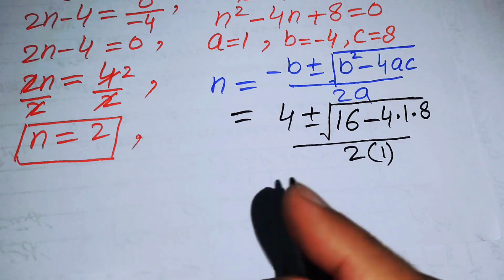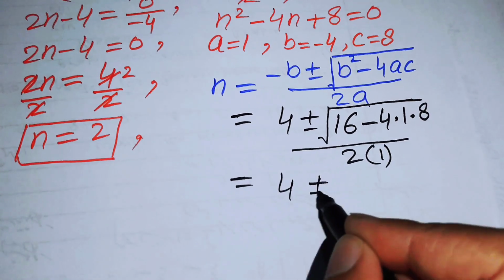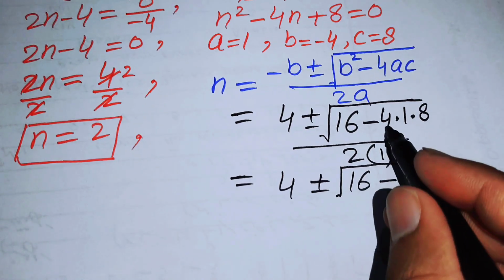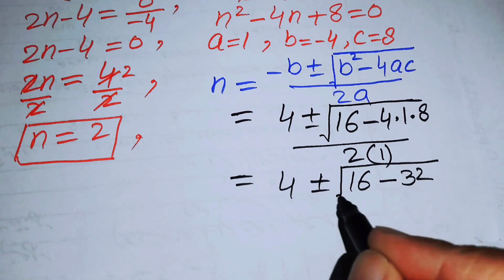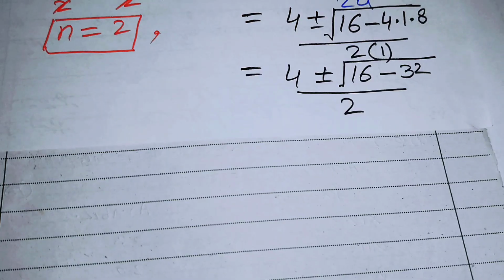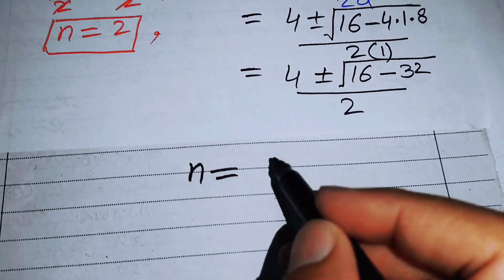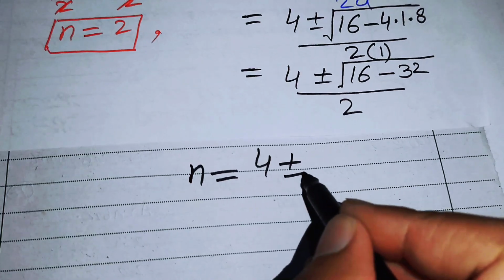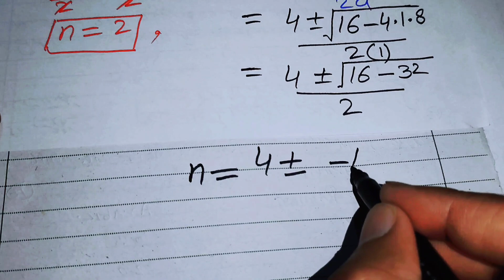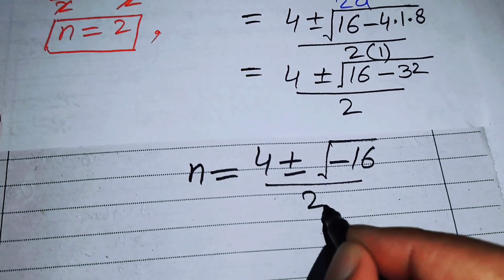So after simplification you will get 4 plus minus square root of 16 minus 4 8s are 32 over 2 1s are 2. And in the next step you will write n is equal to 4 plus minus square root of 16 minus 32, and 16 minus 32 is equal to minus 16, over 2.